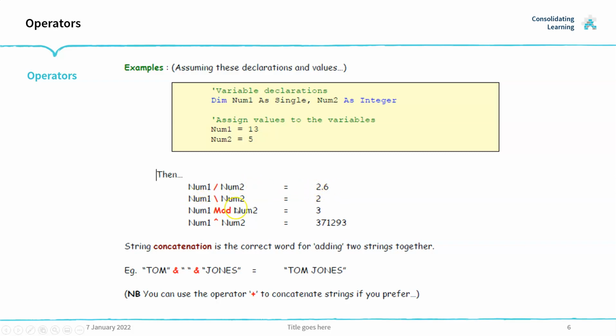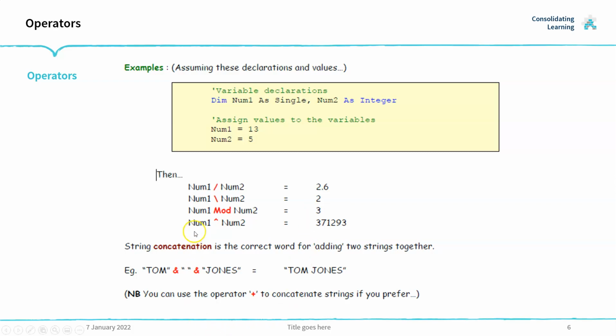An integer division will give me 2. Mod will give me 3, because 13 divided by 5, there are 5, 10, I can fit 2 lots of 5 within the 10, and then there's a remainder of 3, so that gives you 3.